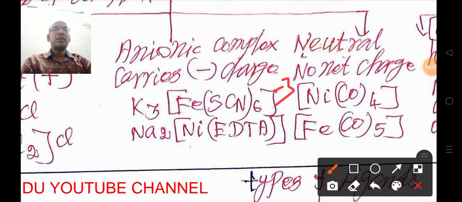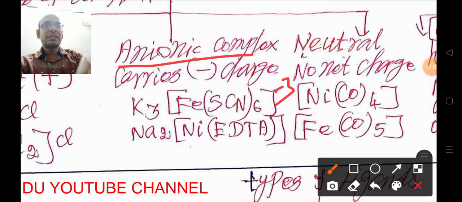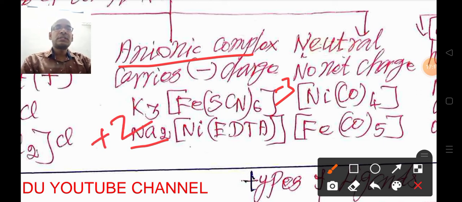Therefore, it is an anionic complex. Likewise, 1 sodium has a plus 1 charge, 2 sodium has a total plus 2 charge. Therefore, this square bracket coordination complex has a minus 2. This is called the net charge, which is used to find the oxidation state of the central metal ion.